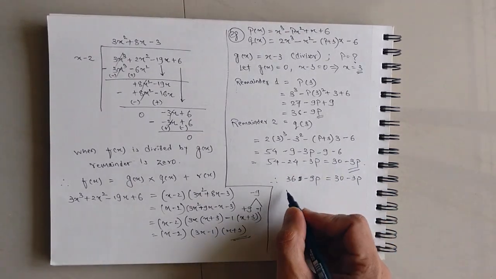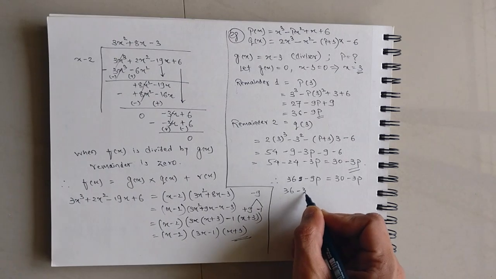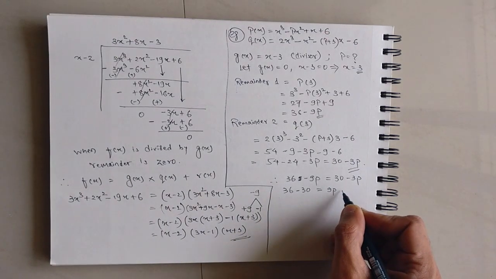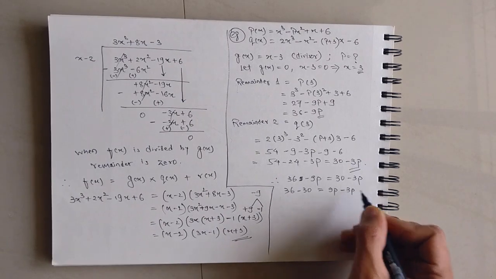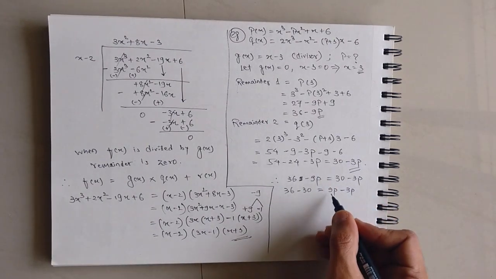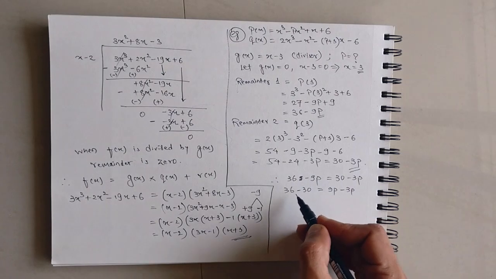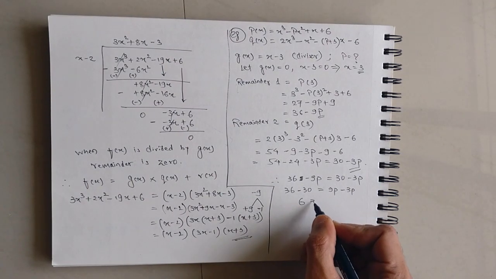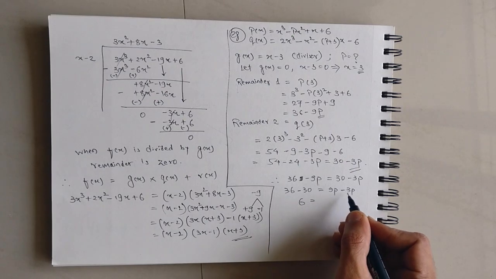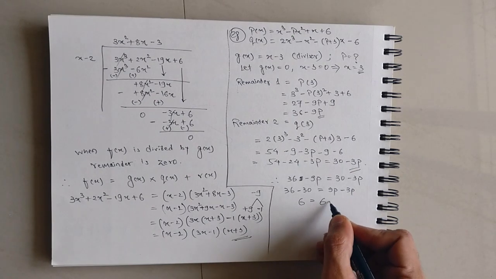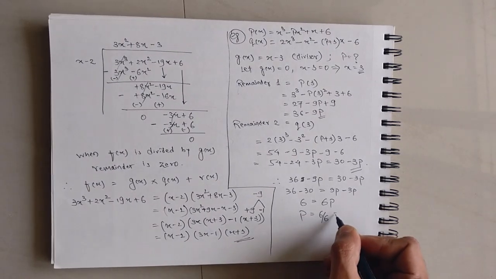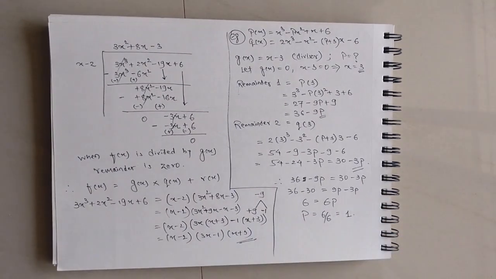Let's take 9p over there. 36 minus 30 is equal to 9p minus 3p, right? 9p goes over here, becomes positive. 30 comes over here, becomes negative. 36 minus 30 is 6. 9p minus 3p becomes 6p. So p is equal to 6 by 6, and that is 1. So value of p is 1.